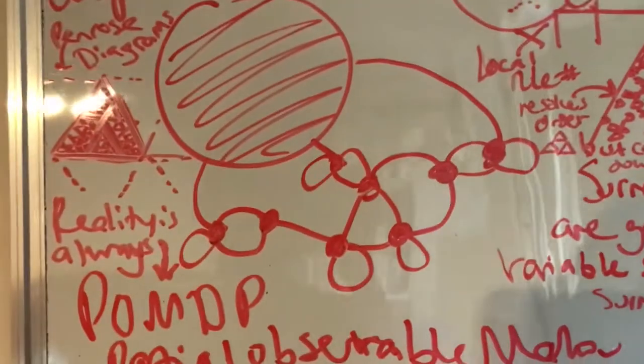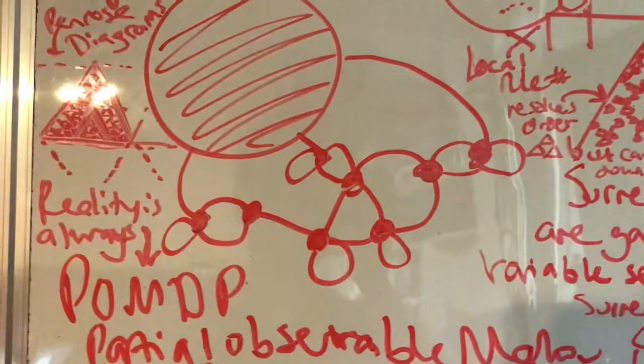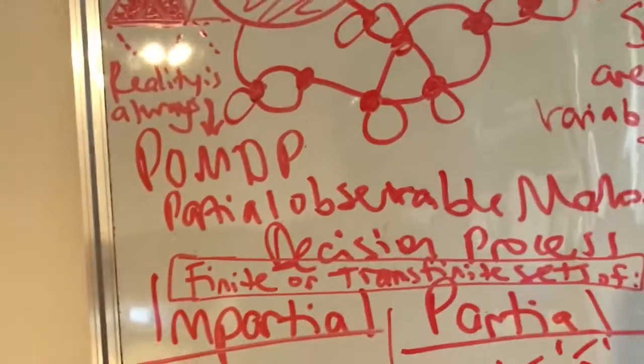In this case, it's just your visual field, for example, and it seems ergodic, but there's some area you just don't have information about. And so that's essentially the same as it being partially observable.